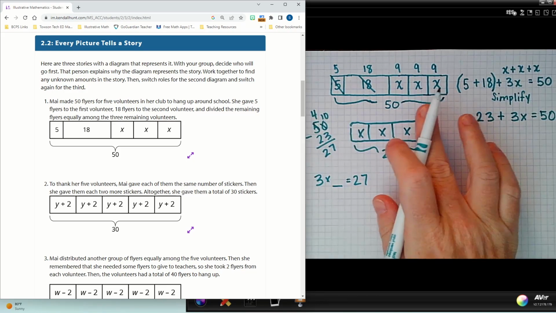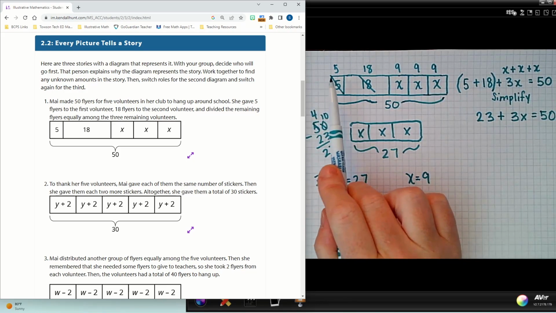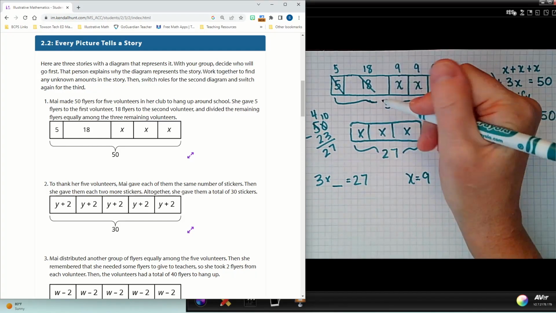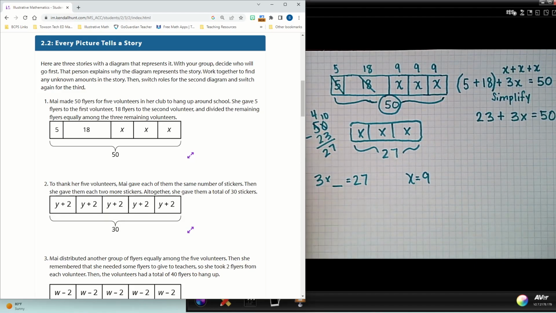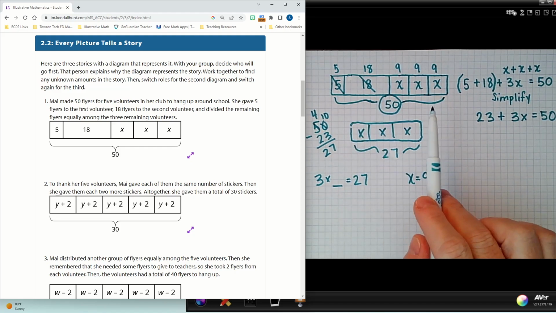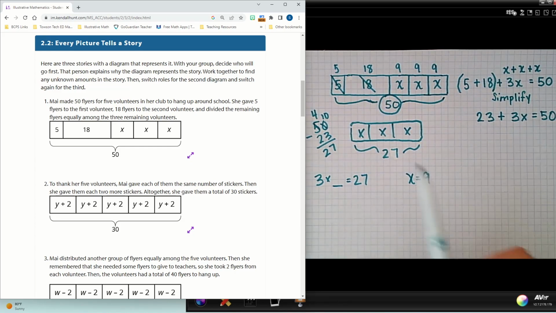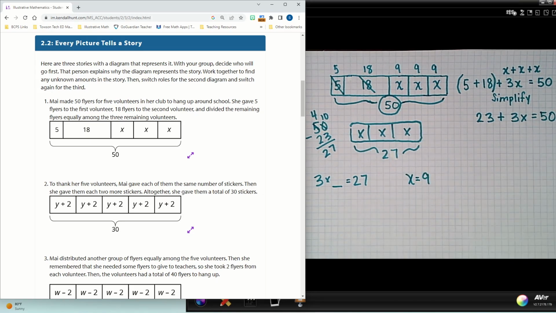So we would have them go back, plug that in, and then re-add everything just to make sure that they have a total of 50 flyers. So we're solving the equation, but without using the standard algorithm, because if we can visualize it in the form of a tape diagram, it helps the students make more sense of the problem.